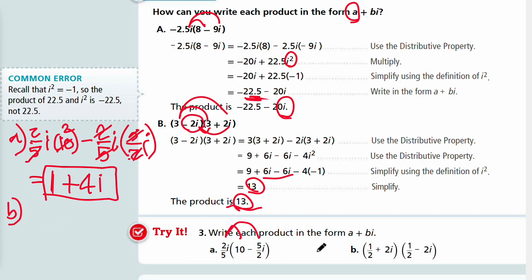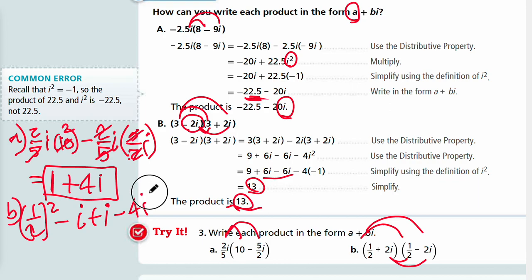Part B, you're going to distribute using the FOIL method, and you have 1 over 2 squared, and then you have negative 2 over 2, which is i. 2i times 1 over 2 would be plus i. And then 2i times negative 2i would be negative 4i squared.